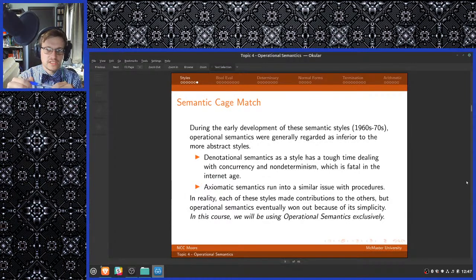In reality, each of these styles made contributions to each of the others, but operational semantics eventually won out because of its simplicity, which should be a lesson to all of us. That which survives is not always the best, most complicated solution, but the best and simplest solution. In this course, we will be using operational semantics exclusively.